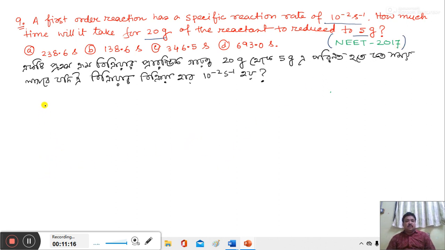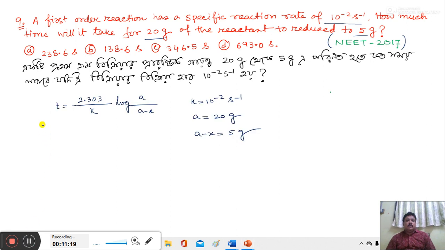Now for a first order reaction we can write T is equal to 2.303 by K log of A by A minus X. In the question K is 10 to the minus 2 second inverse, A is 20 gram and A minus X is 5 gram. So putting all these terms in this equation we get the value of T as 138.6 seconds. So option B is the right one.